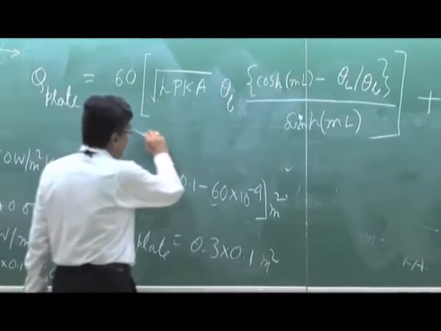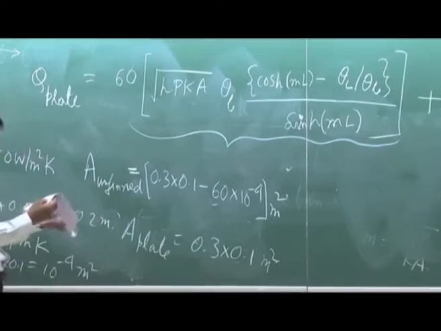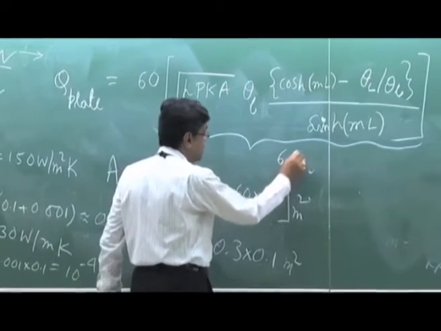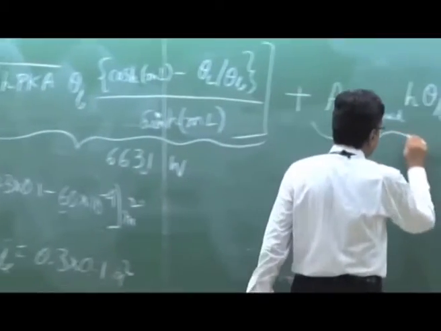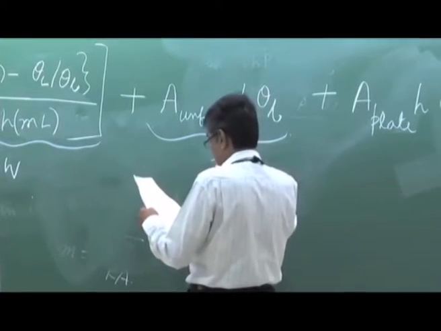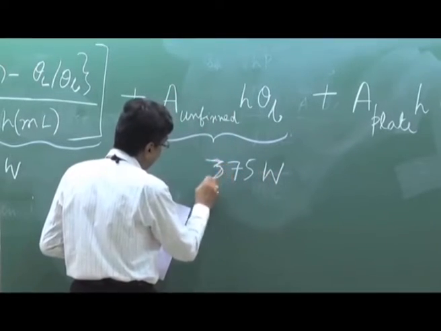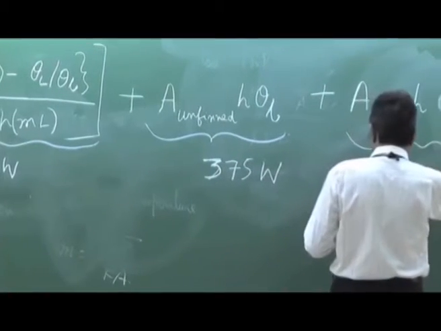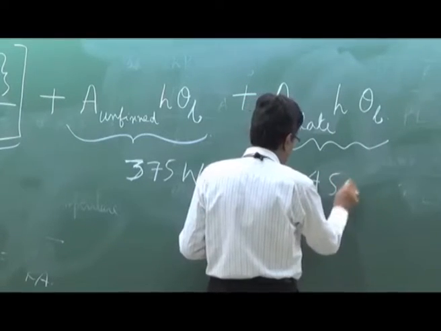Now, if you put all the values in the proper units, you will see the order is like this. This value comes out to be 6631 watt. Unfin portion heat transfer is 375 watt. And the top surface of the plate is 450 watt.